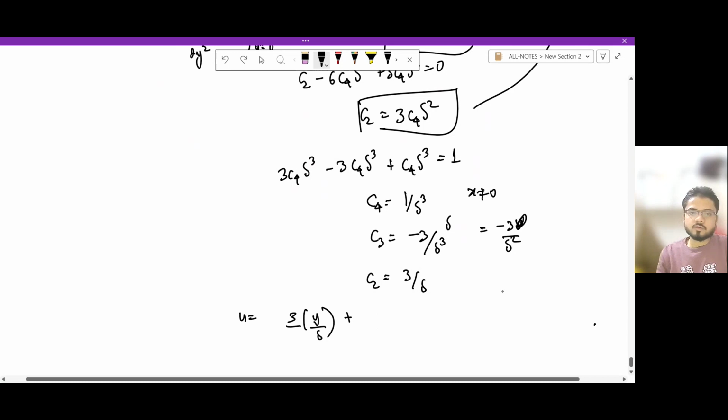So we take c3. c3 is minus 3 over delta squared and y squared. Plus you have c4, that is 1 by delta cube, and you have y cube here.